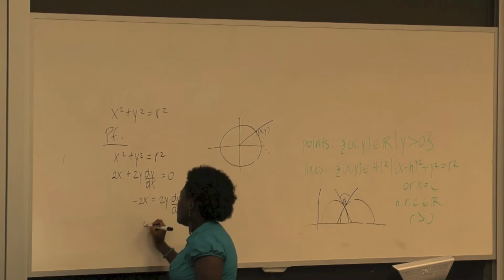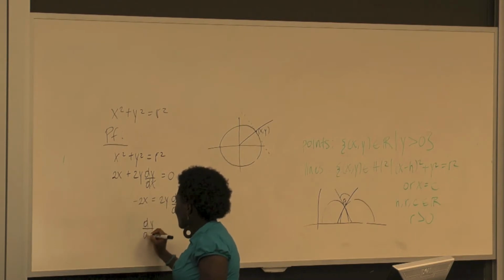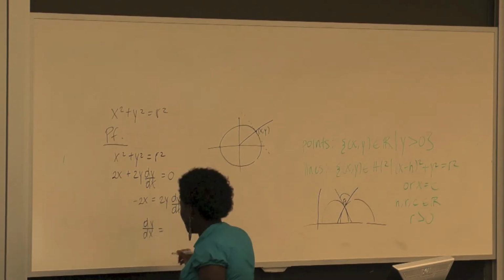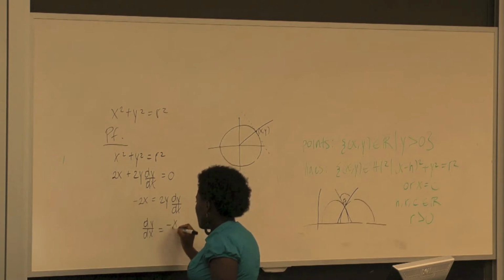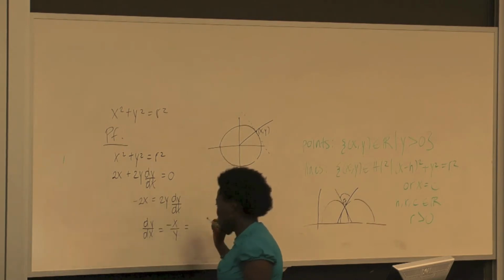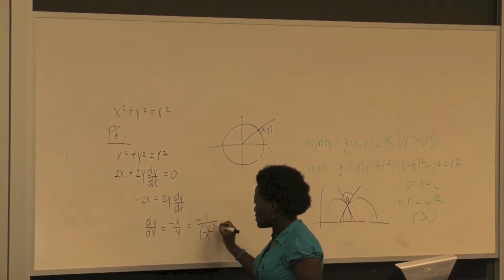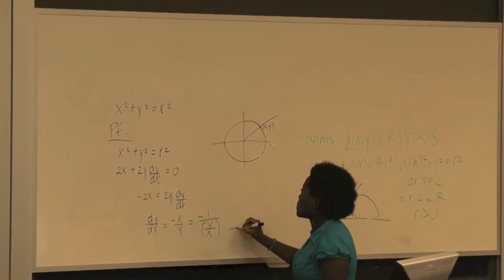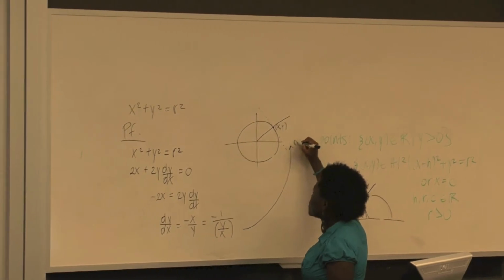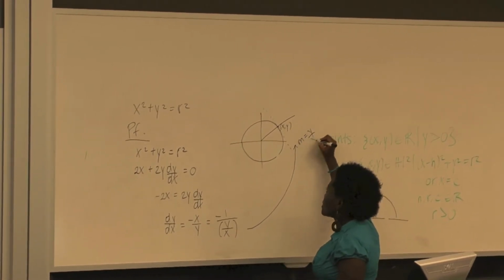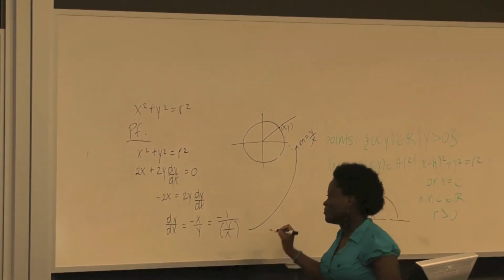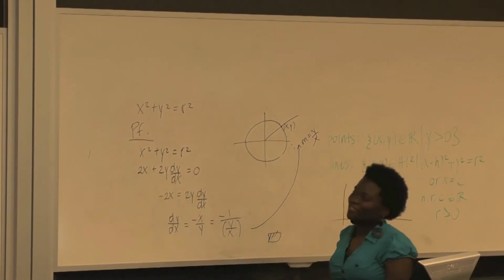So dy/dx is just equal to negative x over y, right? Which is just equal to negative 1 over y over x, right? So the negative reciprocal of the slope of that one, which was just y over x, right? So, the end.